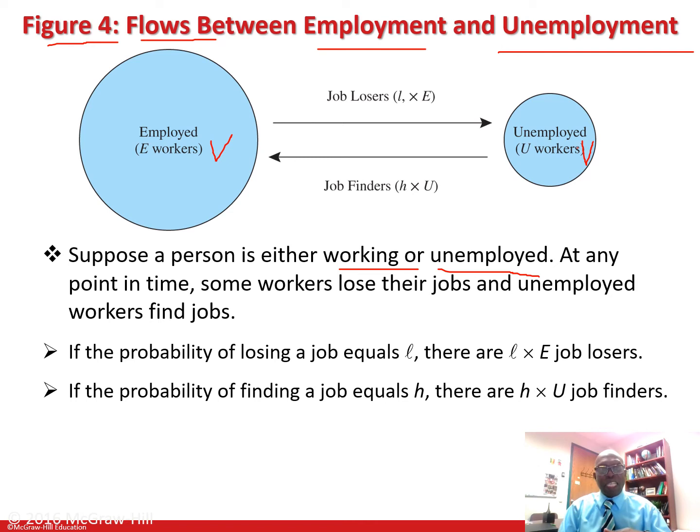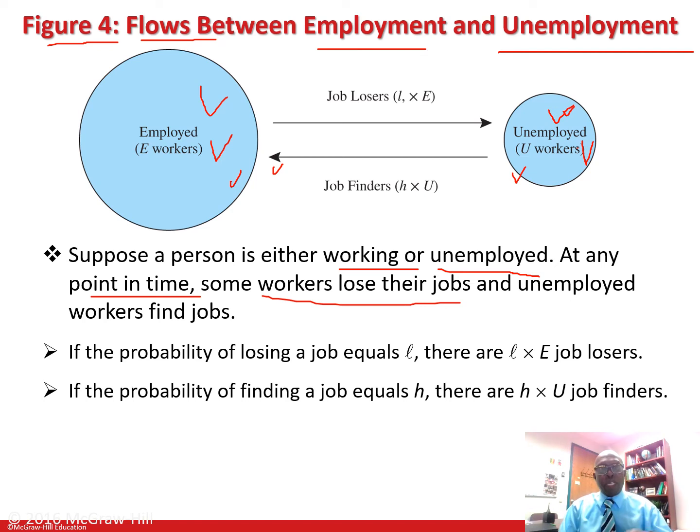At any point in time, some workers lose their job, so they leave the employed box and go to the unemployed box. And some workers will find a job, and they go in the opposite direction. They leave the unemployed box and go to the employed one.